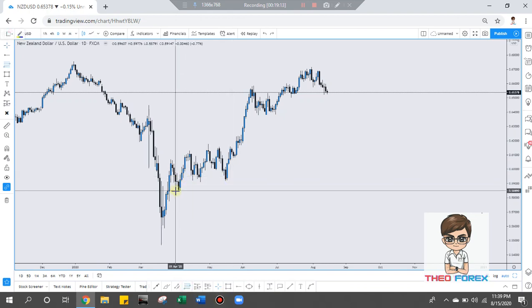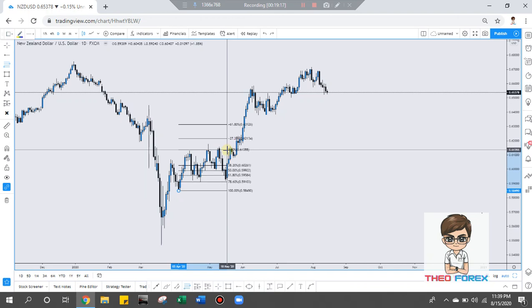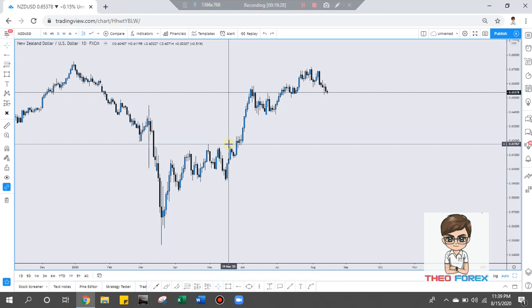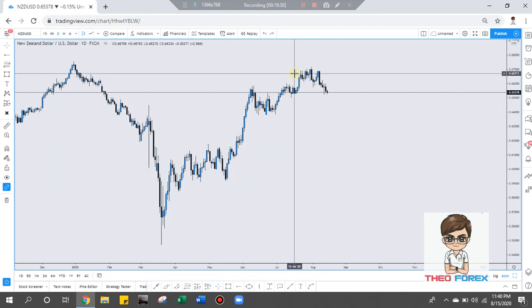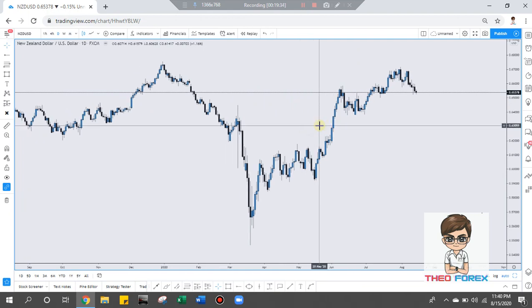Same thing here again, swing low to the swing high, which is here. Price came back to the 78.6 and we had the buy move to the upside. So that is it, simply defined. That's just the impulse and correction trading strategy. Very easy to understand once you put your mind to it. It's nothing difficult at all actually.